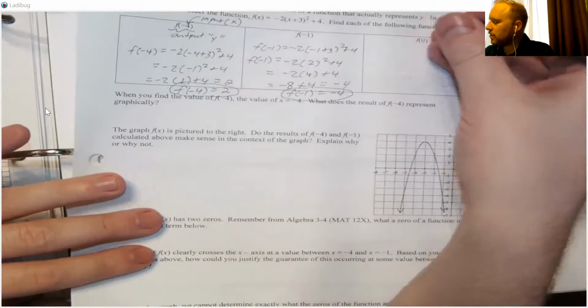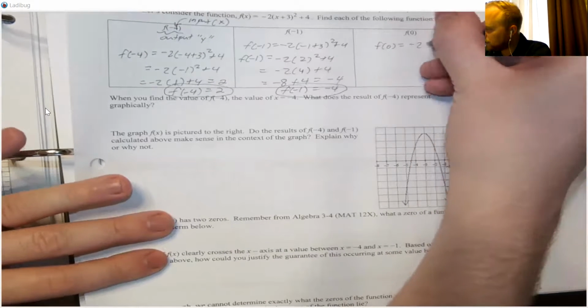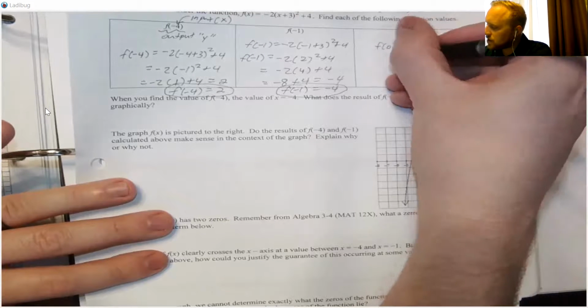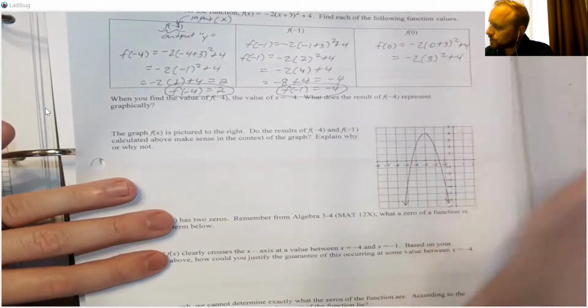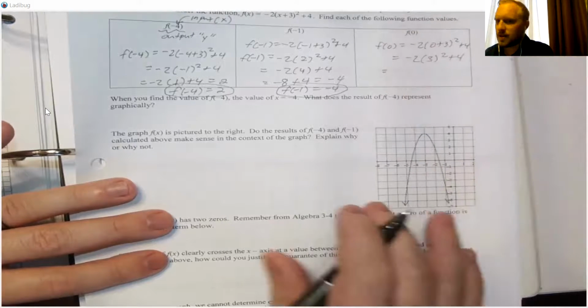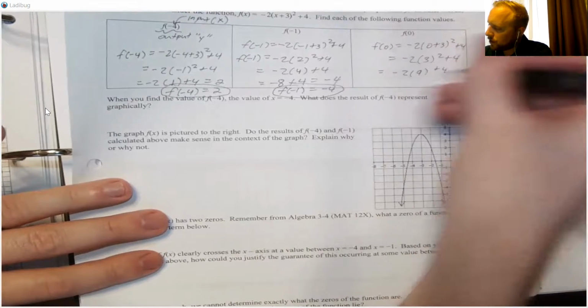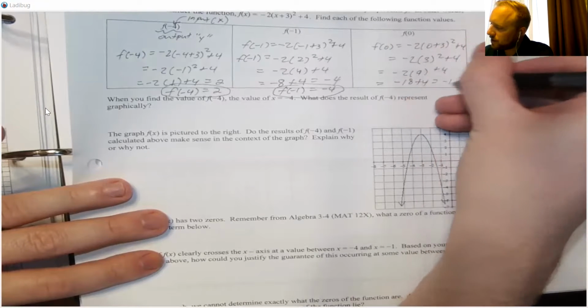Again with 0, we have f of 0. Plug a 0 wherever we see an x: negative 2 times (0 plus 3) squared plus 4. This gives us negative 2 times 3 squared plus 4. This then gives us negative 2 times 9 plus 4, which gives us negative 18 plus 4, which equals negative 14.